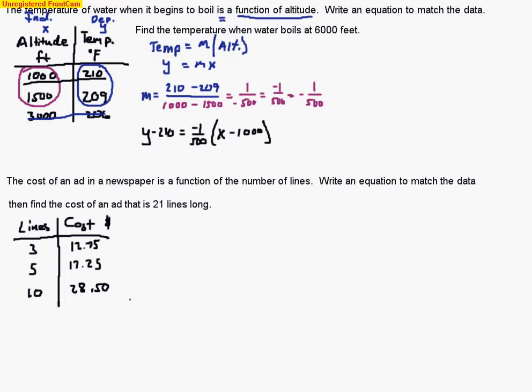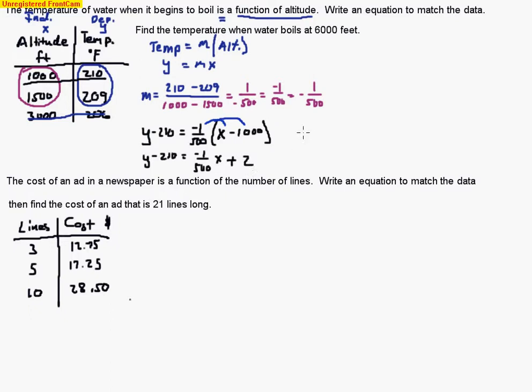From that point, we use the distributive property. We distribute the negative 1 over 500 over that subtraction. So what's left over? Let's write it down. We've got y minus 210 equals negative 1 over 500 x, and then this part here is positive because the two negatives make a positive, and it's going to be positive 2.